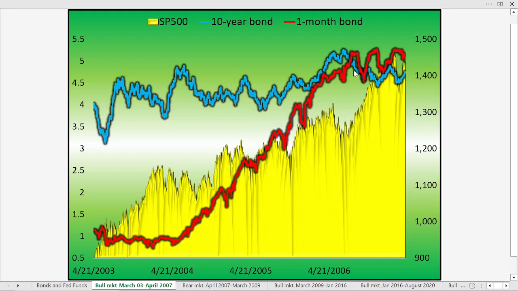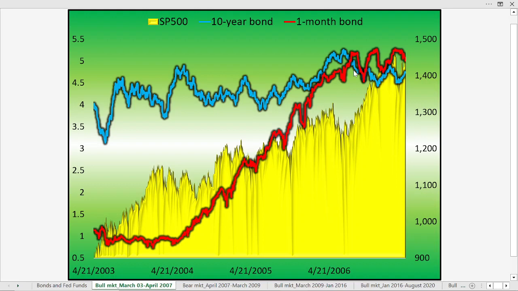In other words, as the stock market moved higher, the economy grew stronger and stronger between 2003 and 2007, and we saw the 1 month bond move up. Again, the 1 month bond closely tracks the federal funds rate, which moves in anticipation of higher or lower interest rates.